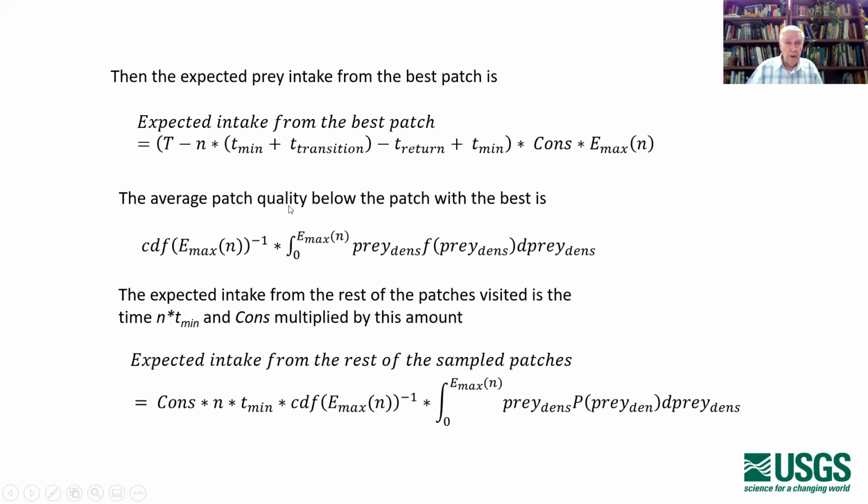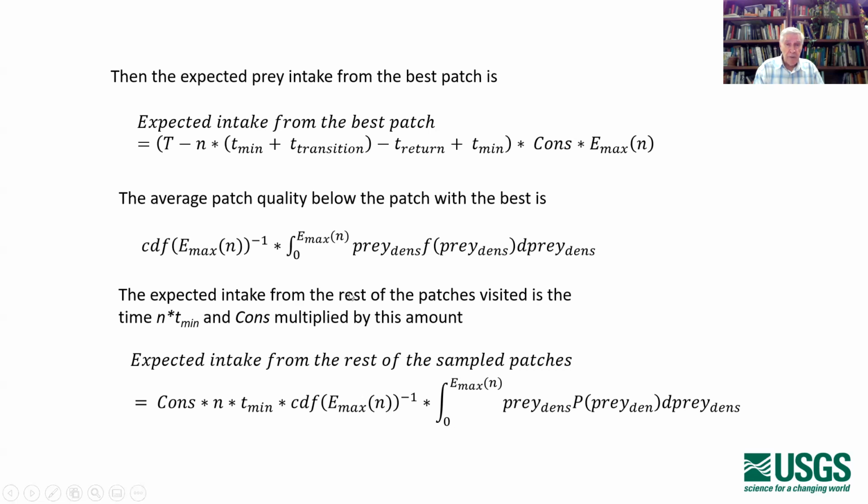We can also find the average prey quality below the patch that's best, and that's given by this formula. You can go back to Royston to find this. This is the mean of all of those, the average of all of those patches that it sampled but weren't the best.